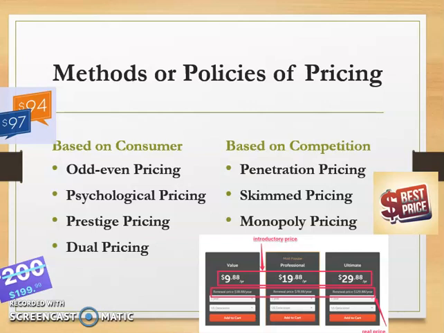Based on the consumer, we have odd even pricing. Instead of 200, you're giving 194, 197 instead of 100. Okay, odd even pricing. This comes under the method of lower rounded pricing, where they are trying to reduce the cost or just trying to pretend that it is low cost.